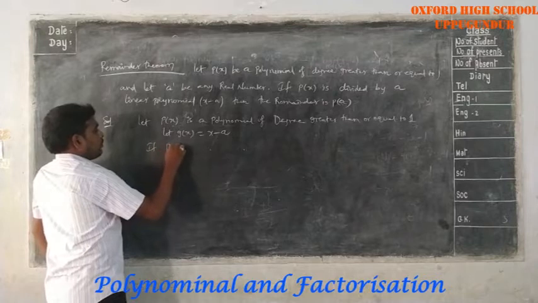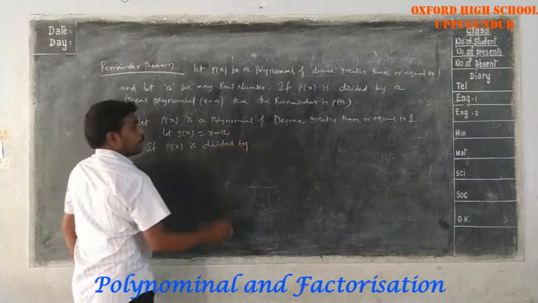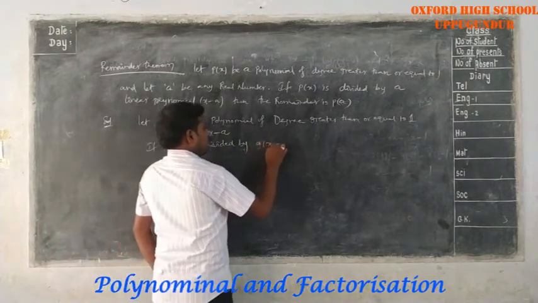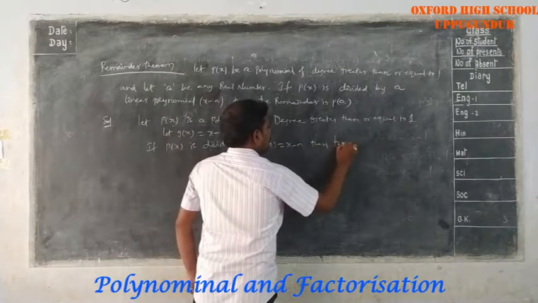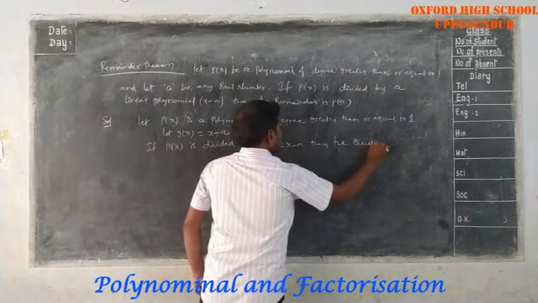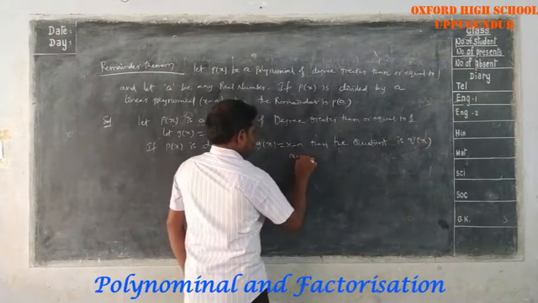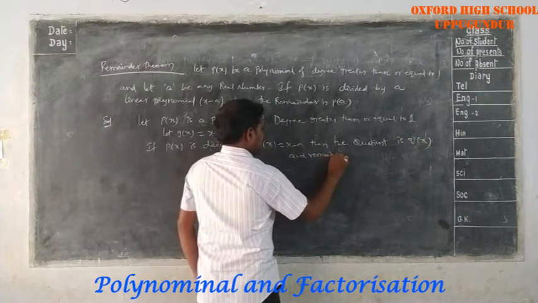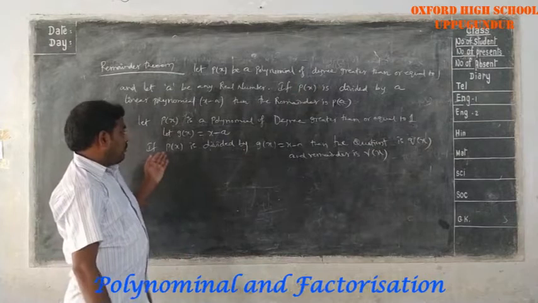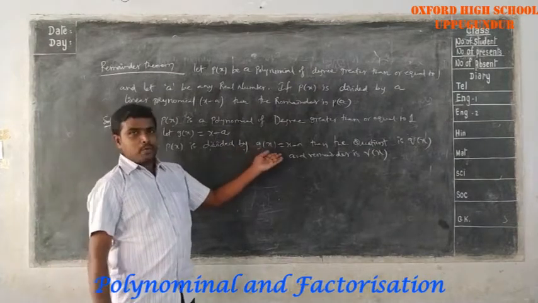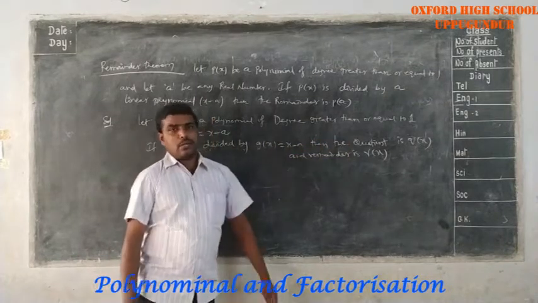If P of x is divided by g of x, which is equal to x minus a, then the quotient is Q of x and the remainder is R of x. So, if P of x is divided by this linear polynomial x minus a, we are assuming the quotient as Q of x and the remainder is R of x.